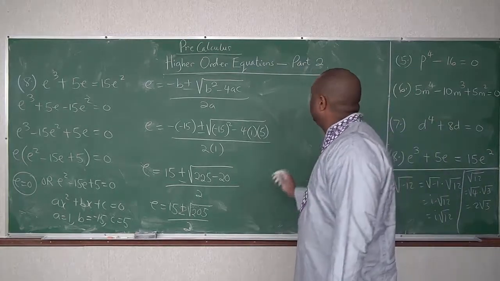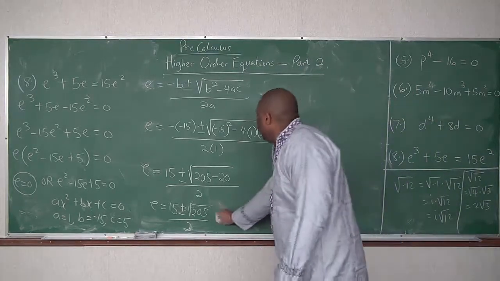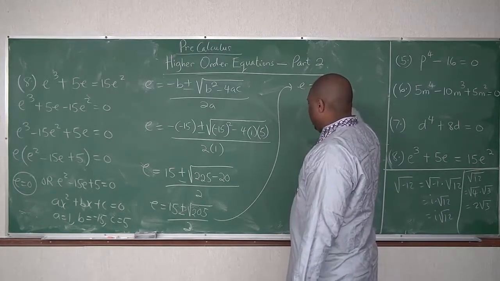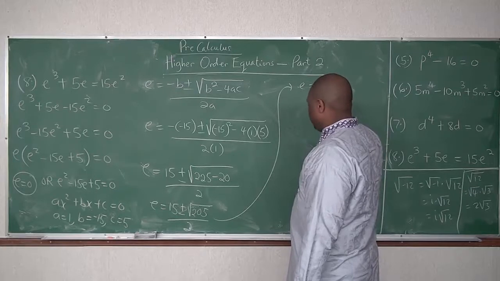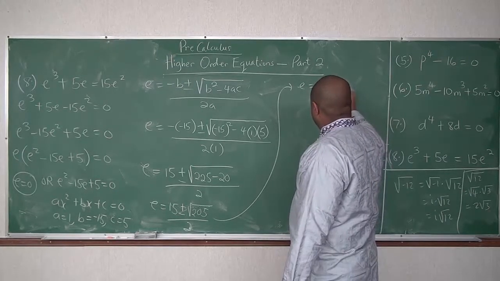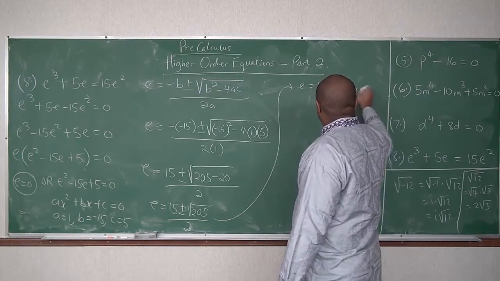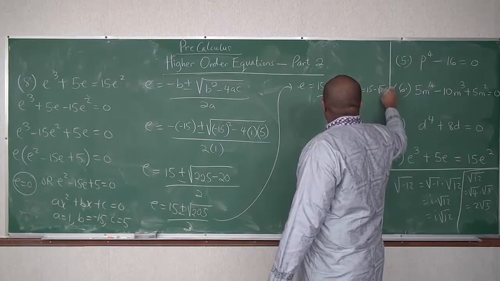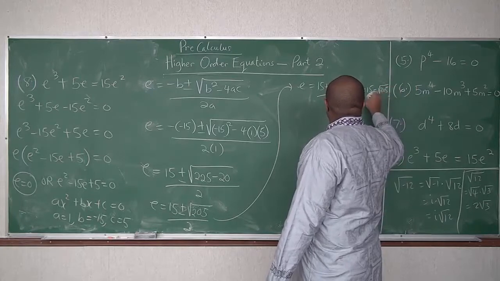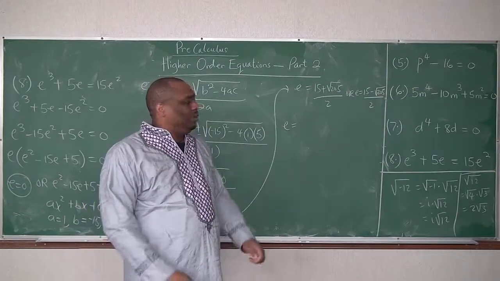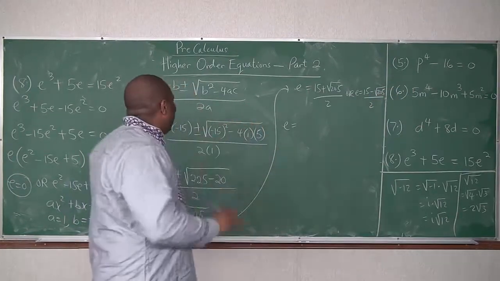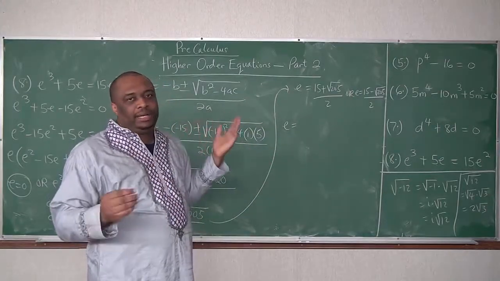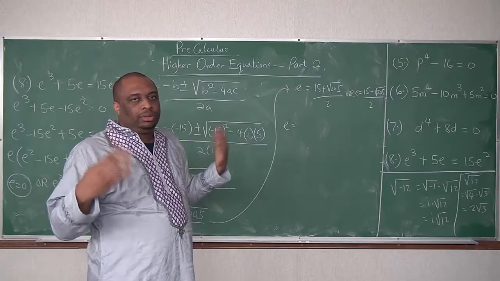So see what we can do. Because this is like this, we can now do 15 plus square root of 205 over 2, or it will be 15 minus square root of 205 over 2. Let's just write our answers, and then for checking it, we are going to use the calculator.